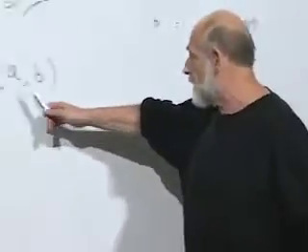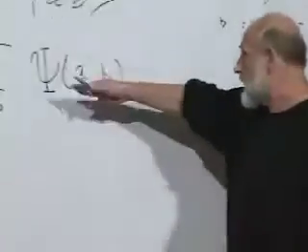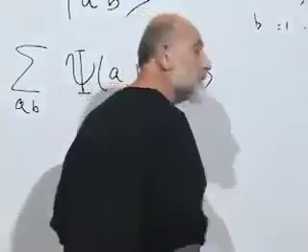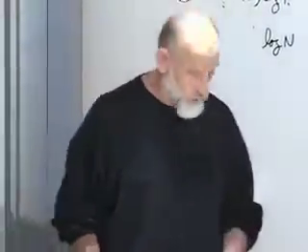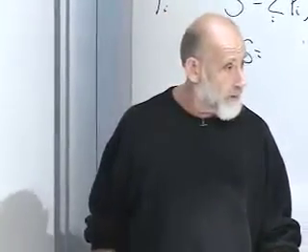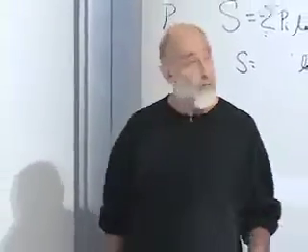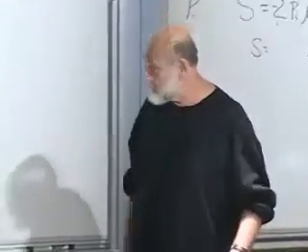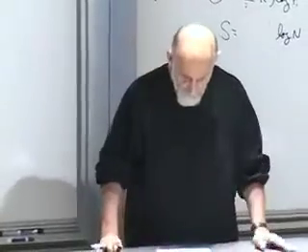But we can still write psi of A and B, sticking in any pair of integers. That gives us a complex number, multiplied by the state vector AB, summed over A and B. That's the most general state we can write down. If we want to normalize it, which I do, then we want the sum over A and B of psi star psi to add up to 1. That's our normalization condition.